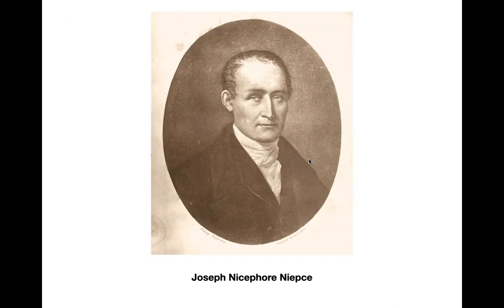In 1816, a Frenchman named Joseph Nicéphore Niépce and his brother Claude successfully made an image in a camera obscura. They used slightly different chemistry, silver chloride. They sensitized some paper with this silver chloride, and they made an image with it.